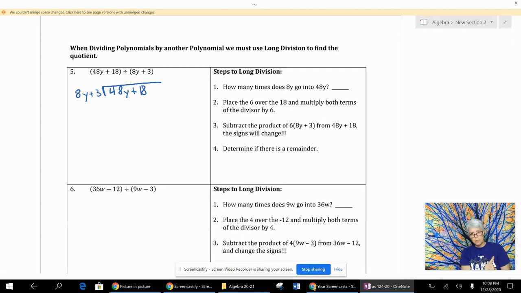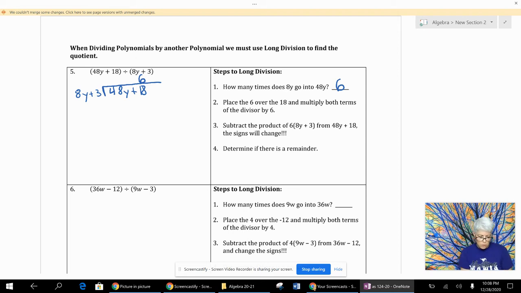The leading term is 8y, and you ask how many times that leading term goes into the leading term that's inside the box. So 8y goes into 48y how many times? 6 times. So I'm going to put a 6 right here. Now, do you notice how I skipped over the 48y? I put it over the 18 because they are like terms.